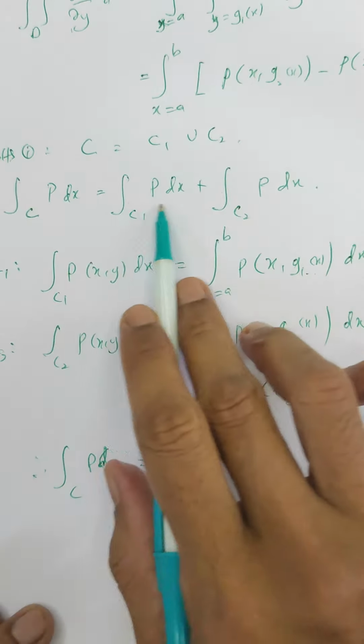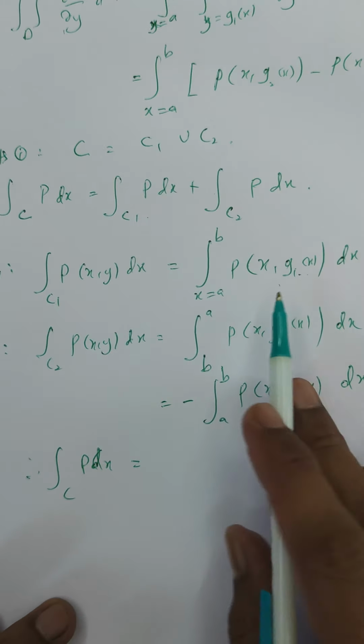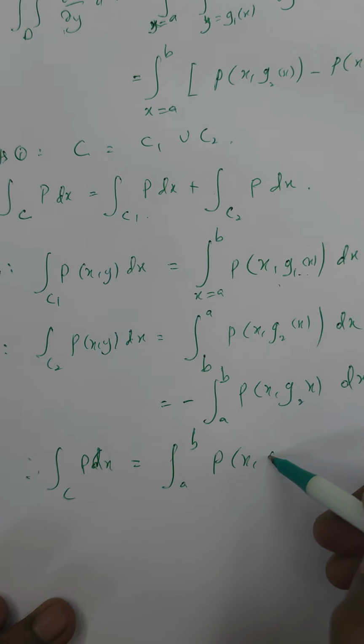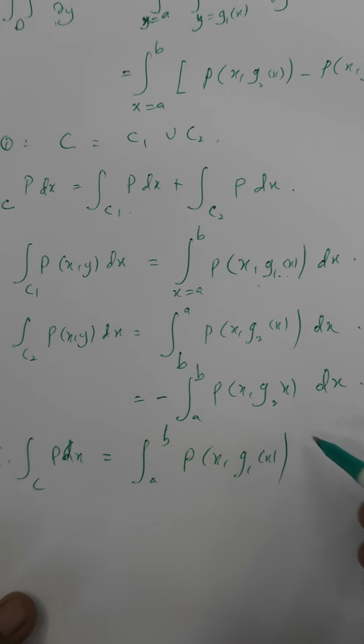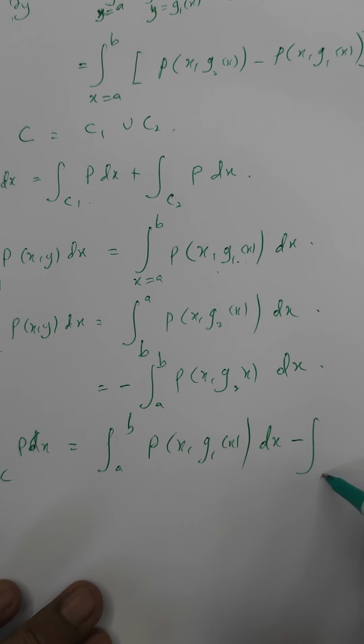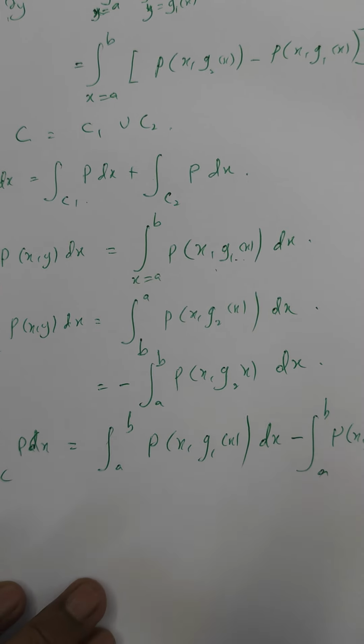So therefore, we integrate over C of P dx. That gives us, for C1, the integral from A to B of P(x, g1(x)) dx, plus minus the integral from A to B of P(x, g2(x)) dx.